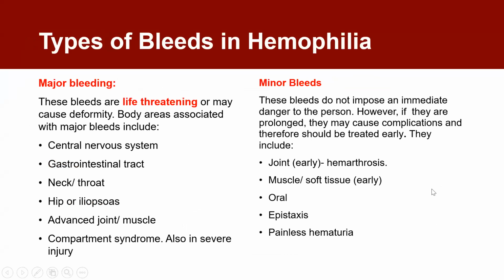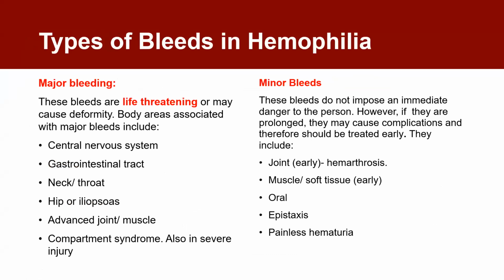So what are the types of bleeding in a hemophilia patient? We normally categorize them as minor bleeds and major bleeds. I will start with the major bleeds. These bleeds are life-threatening most of the time, may cause deformities, or may be fatal.